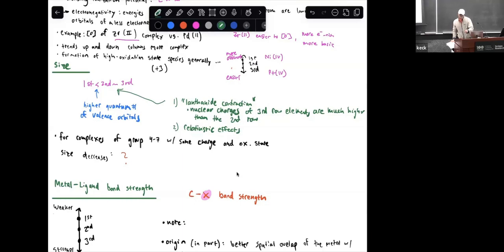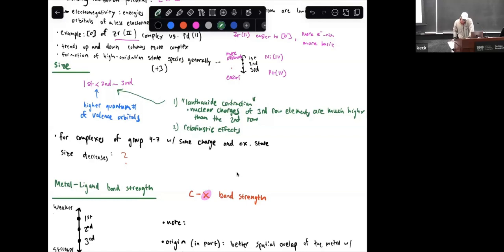So the nuclear charge in going from second row to third row is much higher. And that means that the electrons that are being held in more and more diffuse orbitals are not as efficiently shielding that next electron that comes in. And so each electron is feeling more and more effective nuclear charge.